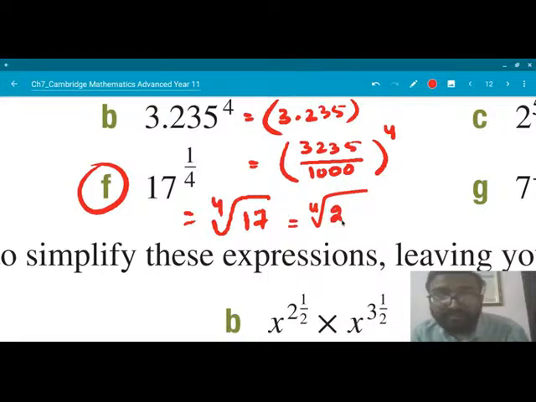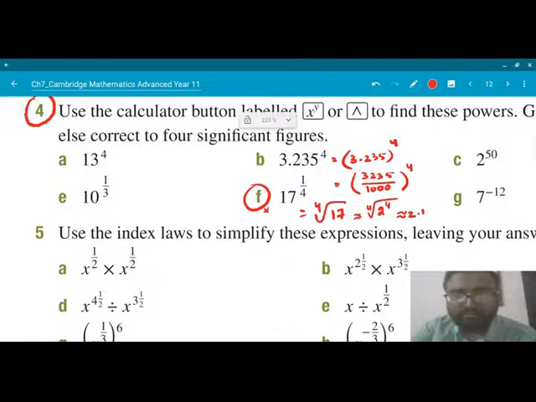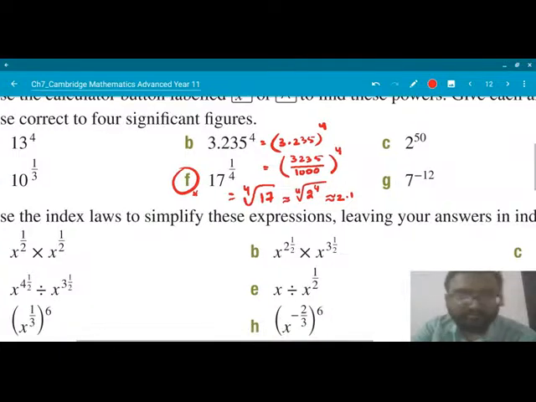So approximately this is near about 2. This is also a most important logic in mathematics. We don't get the exact answer. It could be 2.1 something. Okay, 2.1 whole to the power of 1 by 4, or the fourth root of 2.1, will become 17. So that's the answer.